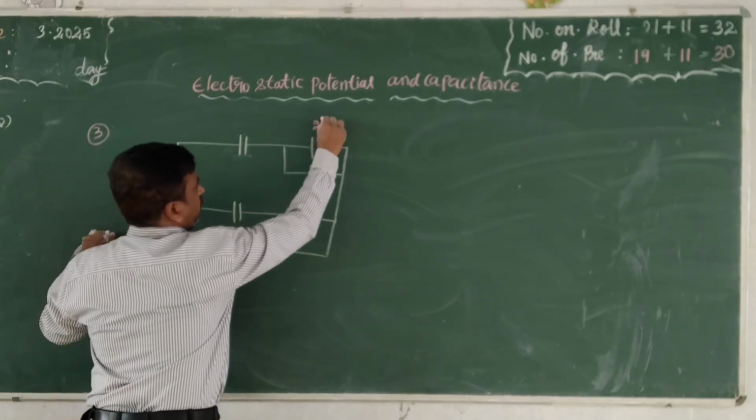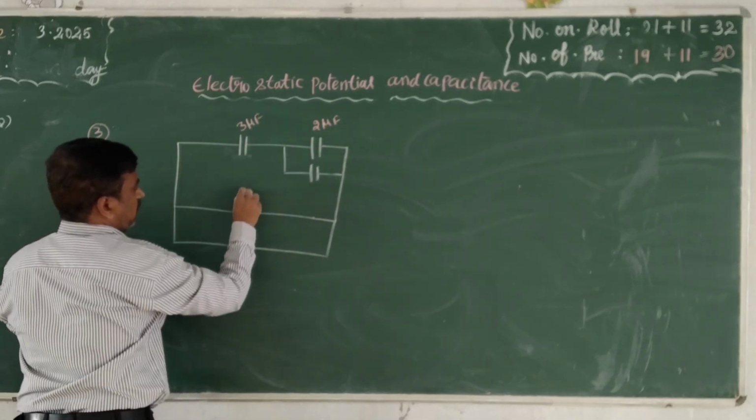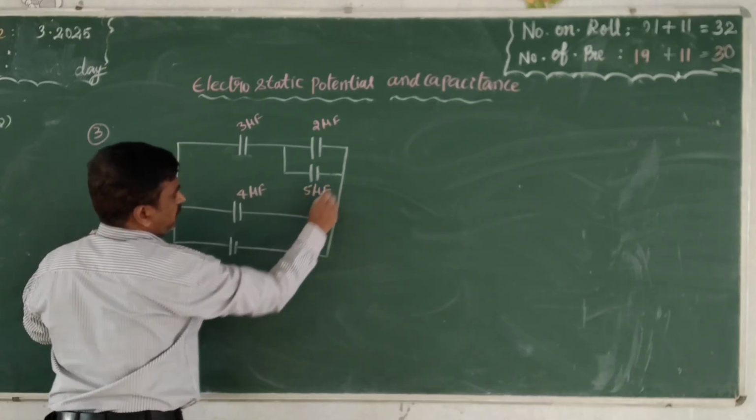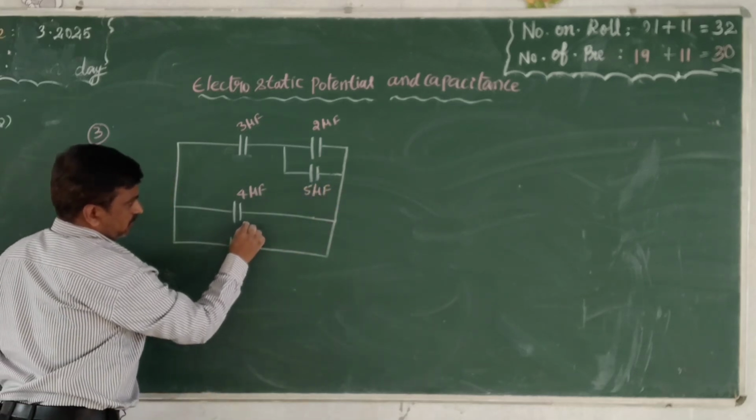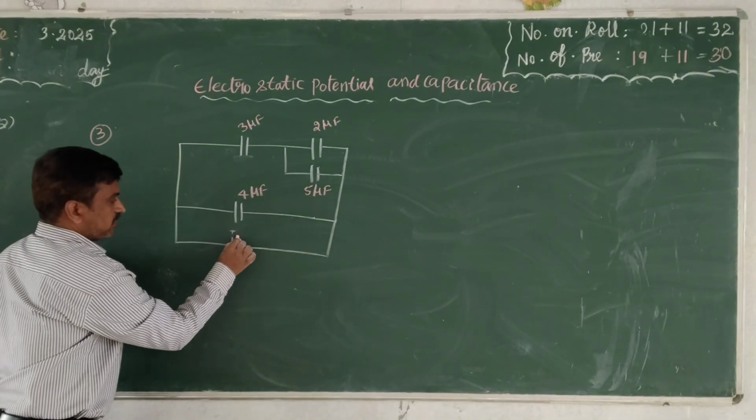It is 2 microfarads, 3 microfarads, 4 microfarads, 5 microfarads, and 6 volt. This is the circuit. See here, plus and minus.